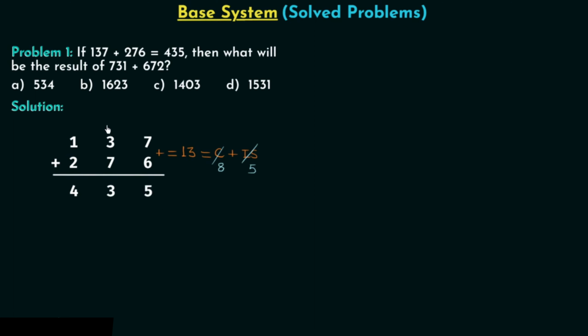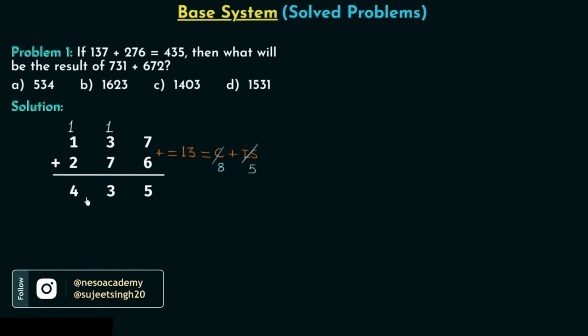And the carry will be 1. 1 plus 3 plus 7 is equal to 11. 11 when divided by the base 8 will give us the intermediate sum 3 and it will give the carry equal to 1. 1 plus 1 plus 2 is equal to 4. 4 when divided by 8 will give us the intermediate sum equal to 4 and the carry equal to 0. So you can see that we are getting the correct result.